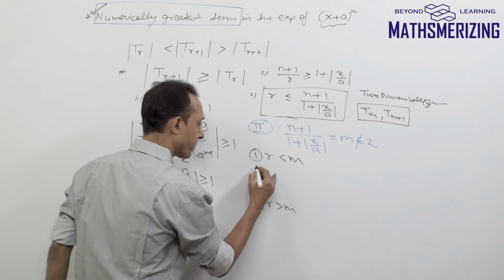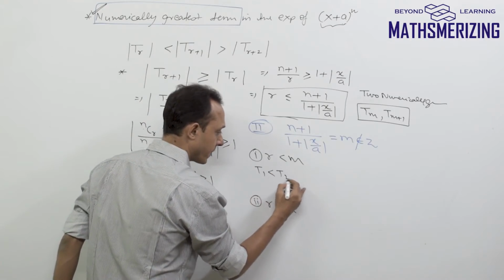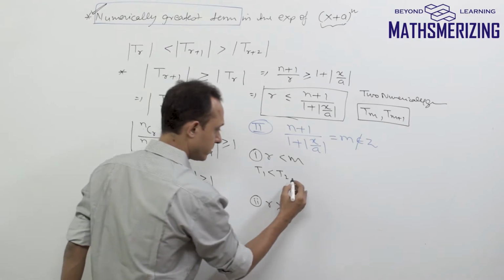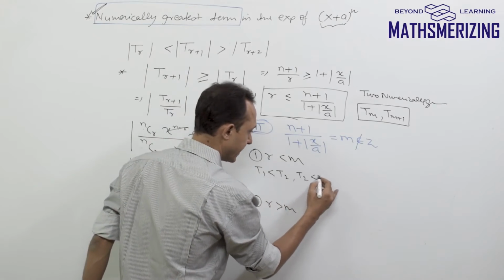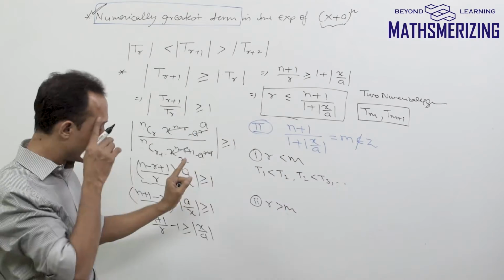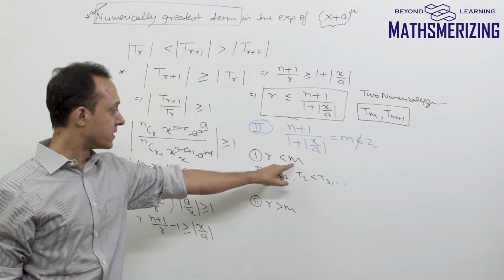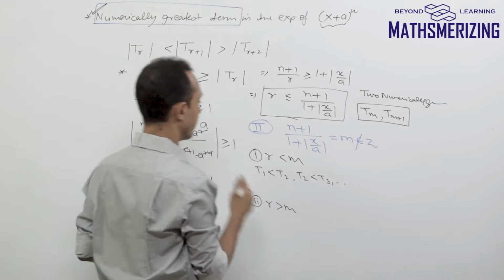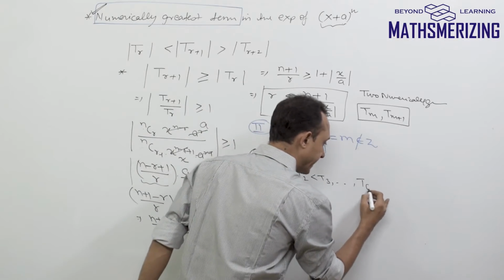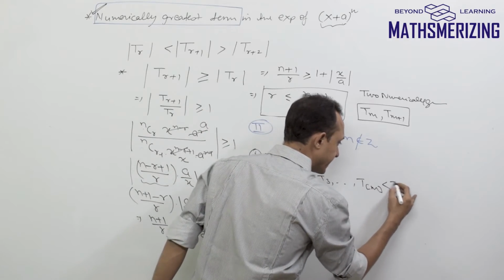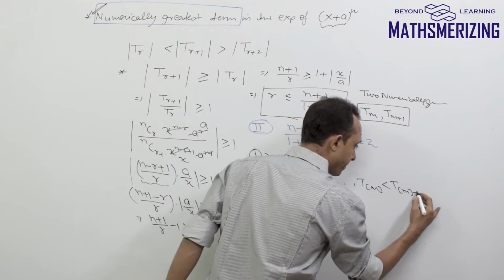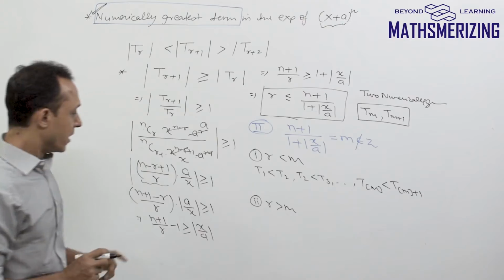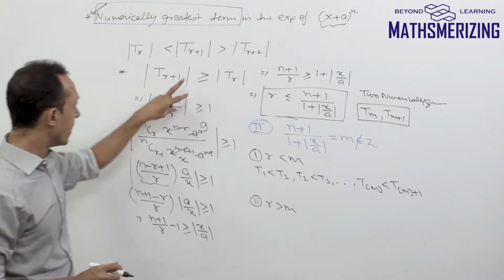So I'll get t1 is less than t2, t2 is less than t3. Now what is the largest integral value which is just close to m? In that case, the value of r simply will be the greatest integer function of m. So here I will write t(greatest integer of m) should be less than t(greatest integer of m plus 1).